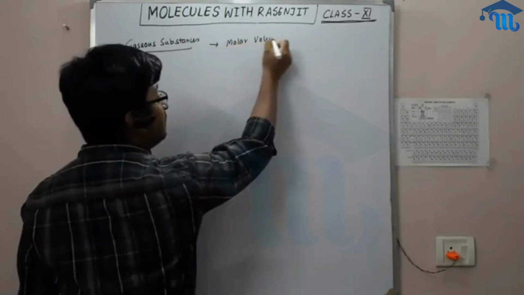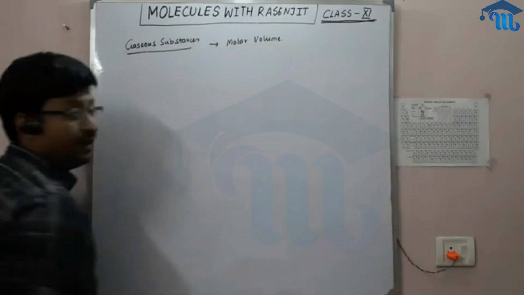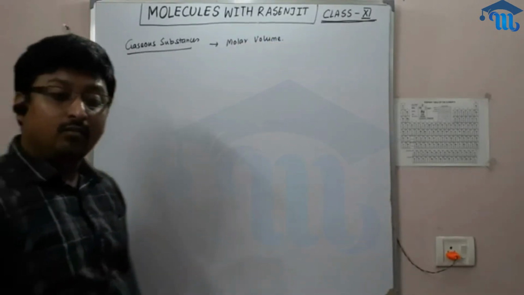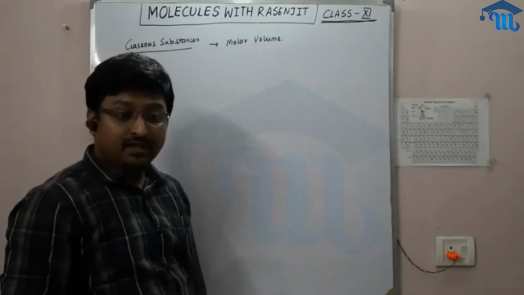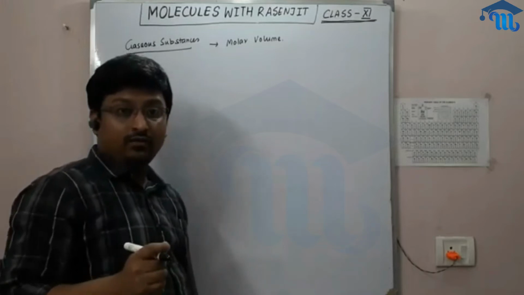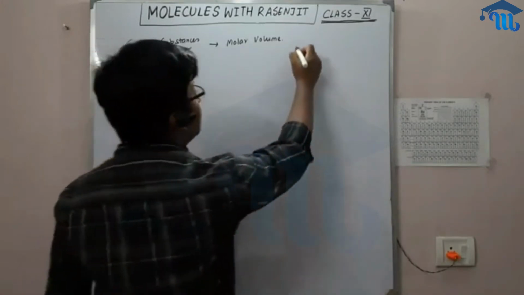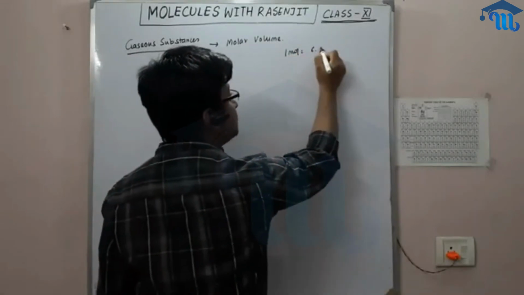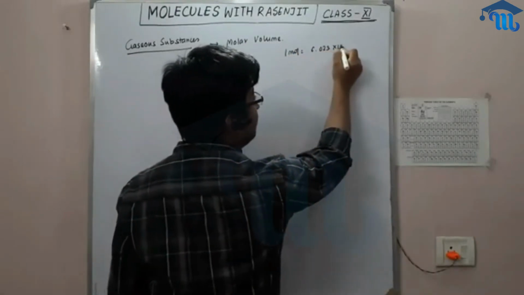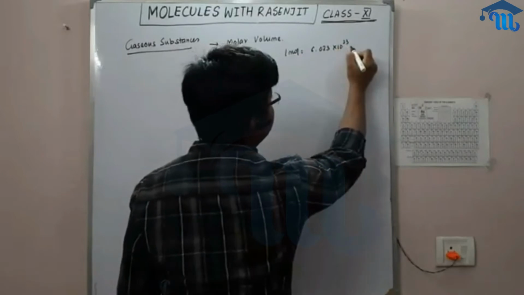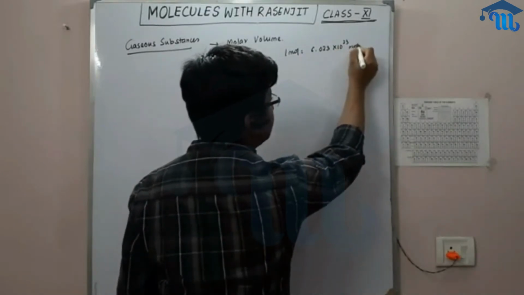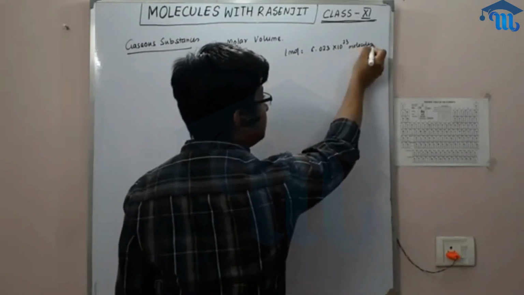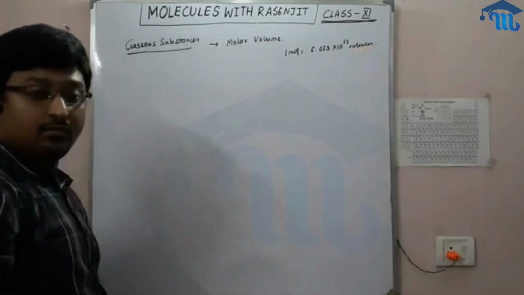When we are saying the molar volume, that means the number of molecules is here. 1 mole contains 6.023 into 10 to the power 23 molecules.